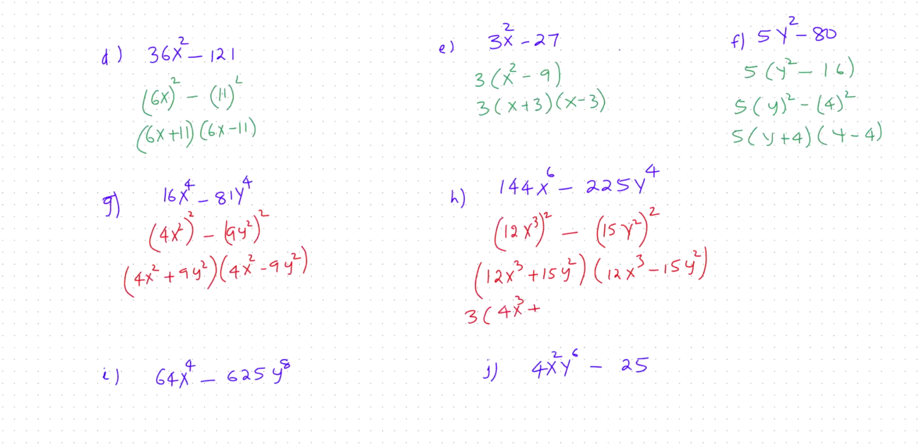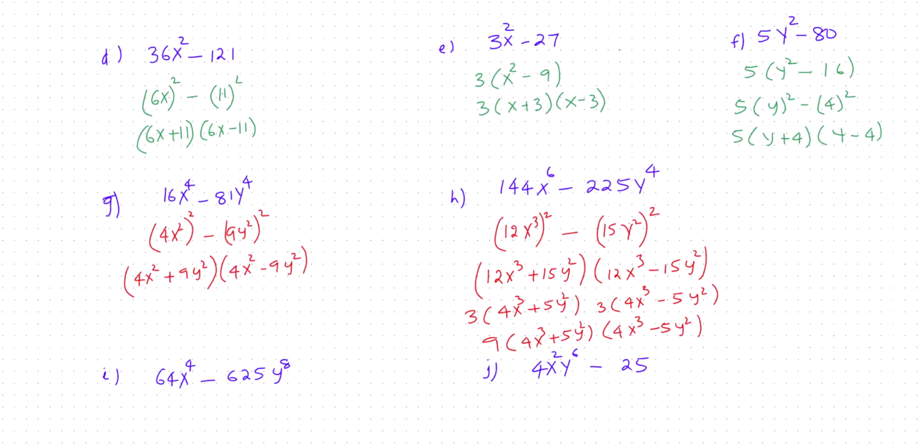And here also we can divide both the terms 12 and 15 by 3. So we get 4x cubed minus 5y squared. Now this 3 times 3 becomes 9. And the final answer will be 4x cubed plus 5y squared and another is 4x cubed minus 5y squared.